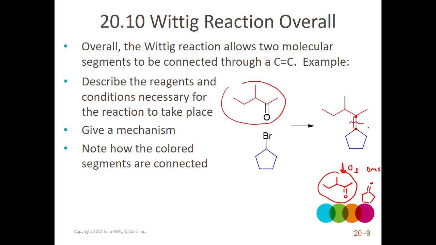If I ask you to make a structure using a Wittig reaction, you'd work backwards, disconnect there, work backwards. One of your carbons from the double bond would become a CO double bond, and the other would become an alkyl halide. And so what you would have to do here is start with the alkyl halide, react that with triphenylphosphine, and then the butyl lithium.